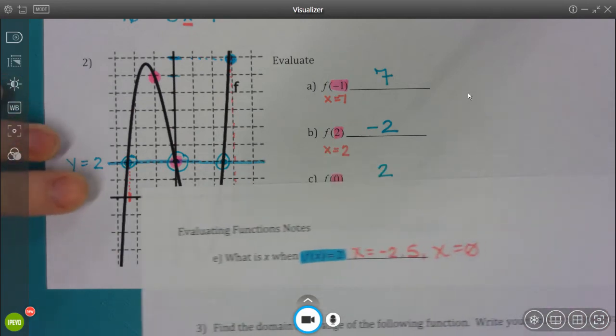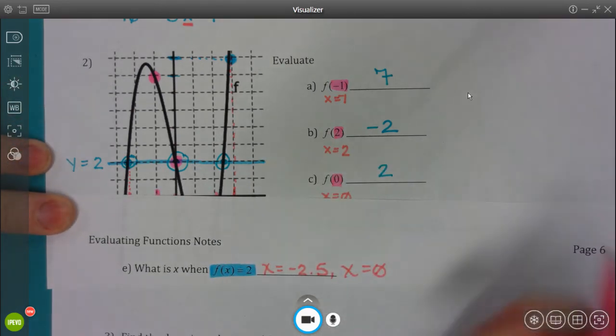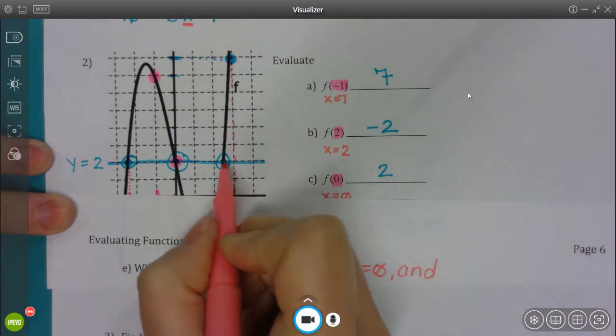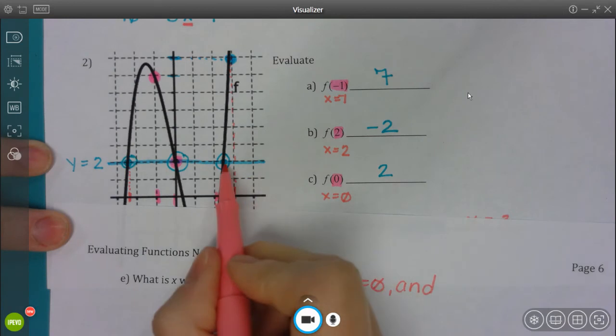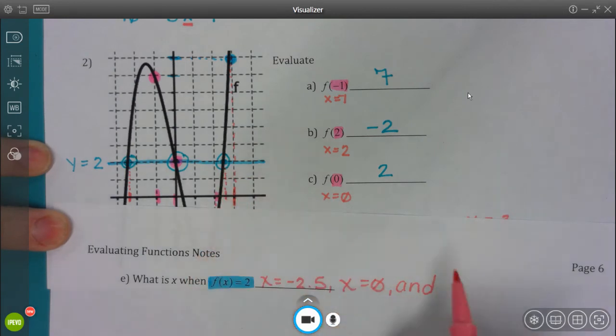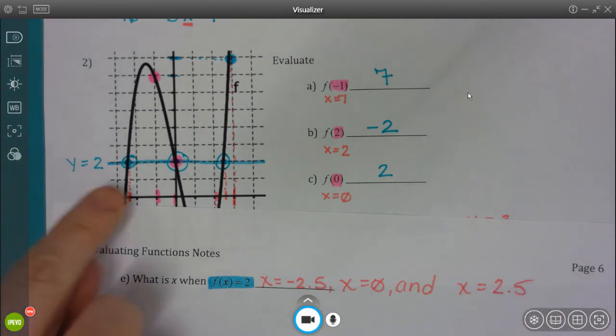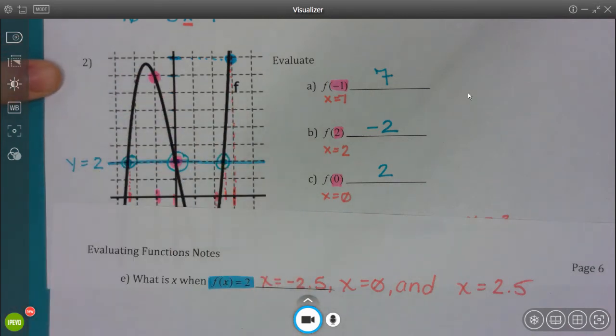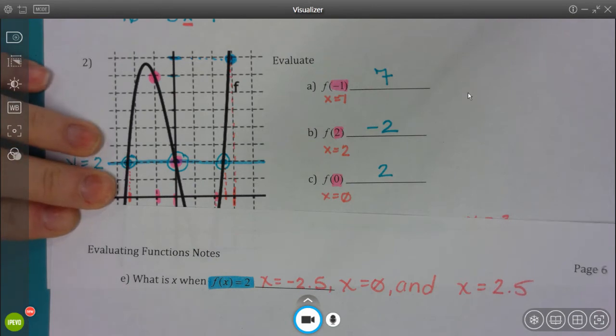And then lastly, right here we have x equals +2.5. And the reason this one has 3 answers is, again, because I've hit my function 3 different times on that horizontal value of y equals 2.